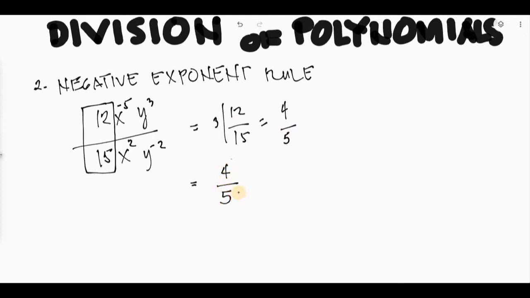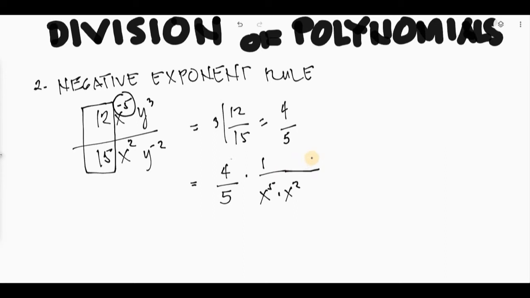Now, if we are going to apply the laws of exponents kanina, na kapag negative yung exponent, lalagyan natin ng 1 sa numerator, then bababa natin. So, that will give us 1 over x raised to 5. Tapos, meron pang x doon. So, that is multiplication. X squared. Okay?